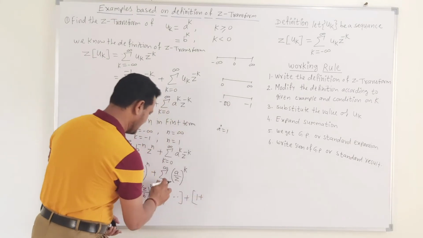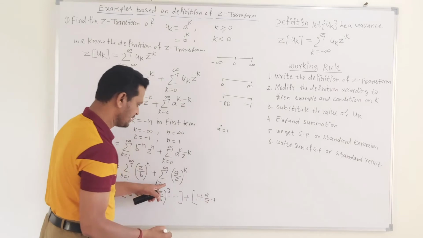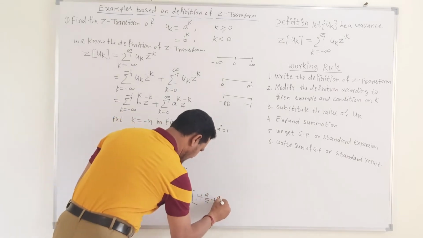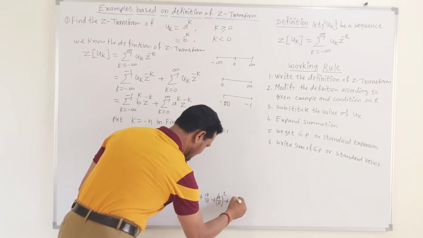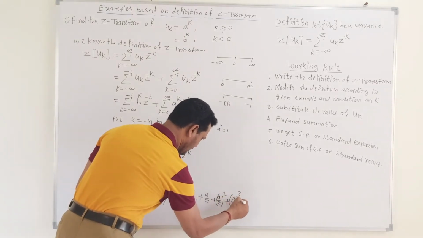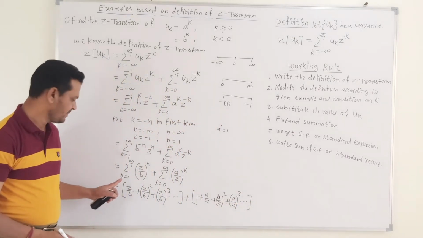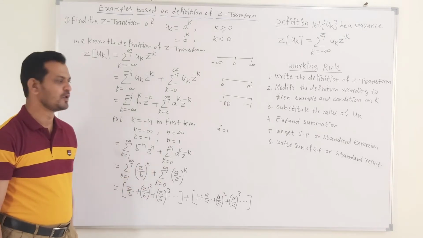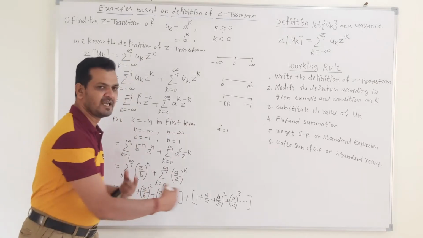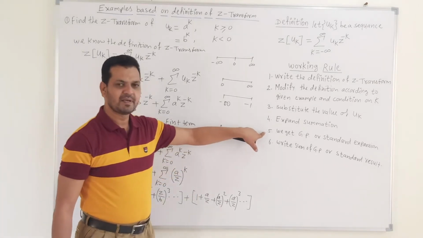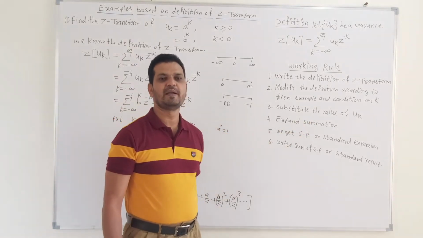Plus, put k equal to 1, we get a by z, plus put k equal to 2, we get a by z squared, then k equal to 3 gives such a term. In this way we put n from 1 to infinity and k from 0 to infinity. That is our step number 4, in which we just expand this term. Now step number 5 says that after expansion of the summation, we will get the geometric progression.